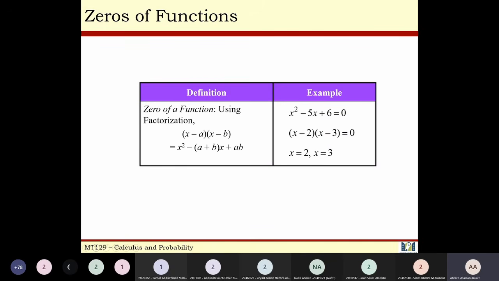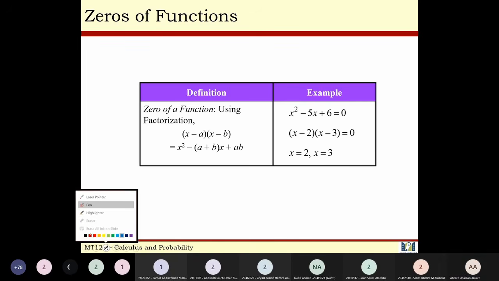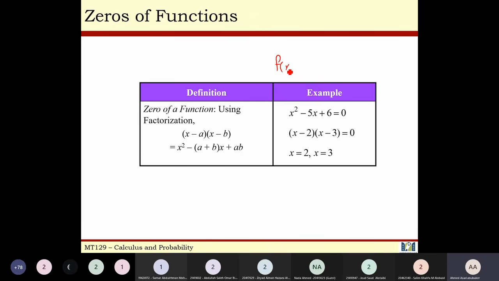Look at the zeros of a function also here. If we have f of x equal x squared minus 5x plus 6, and we need to find the zeros of this function, so put this function equal what? Equal 0.